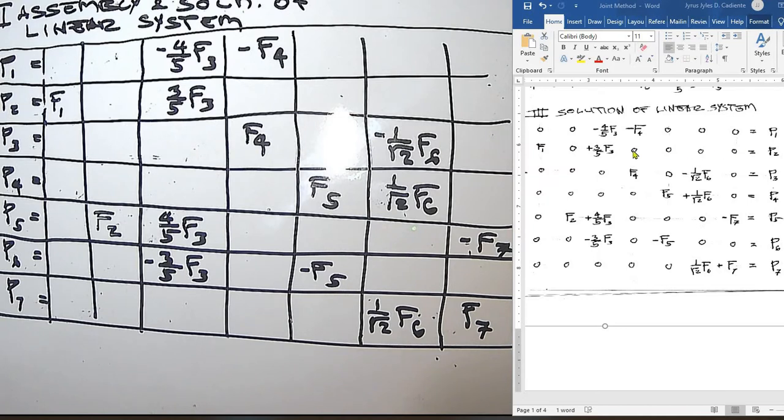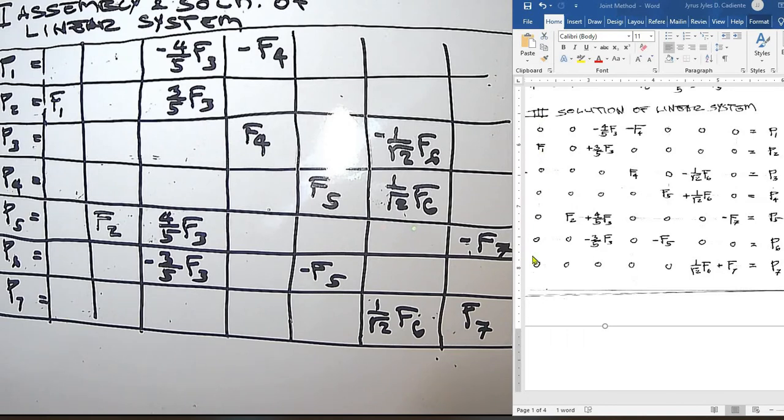Your second equation pertains to P2, which is ito. So, that is F1 plus 3/5 of F3. Ayan, no? F1 plus 3/5 of F3. Yung mga blanco-blanco dito, ginawa ko ng 0. Okay? Also notice na lahat ng forces nasa kanya-kanyang respective column.